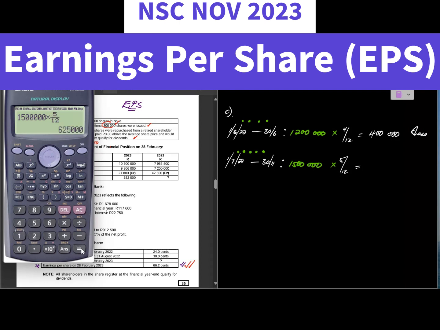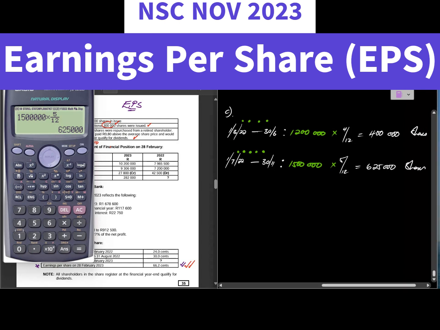And then that would give us 625,000 shares. So we'd come here and then we have 625,000 shares. Remember, this is the weighted average number of shares.